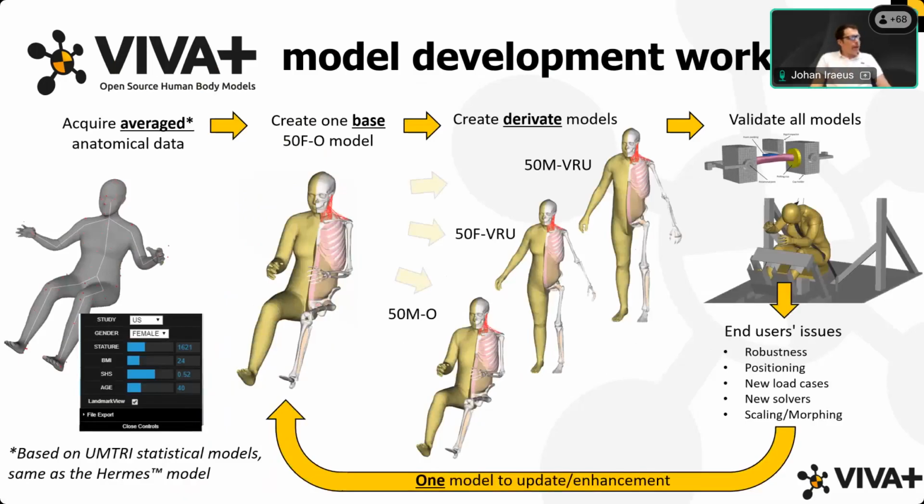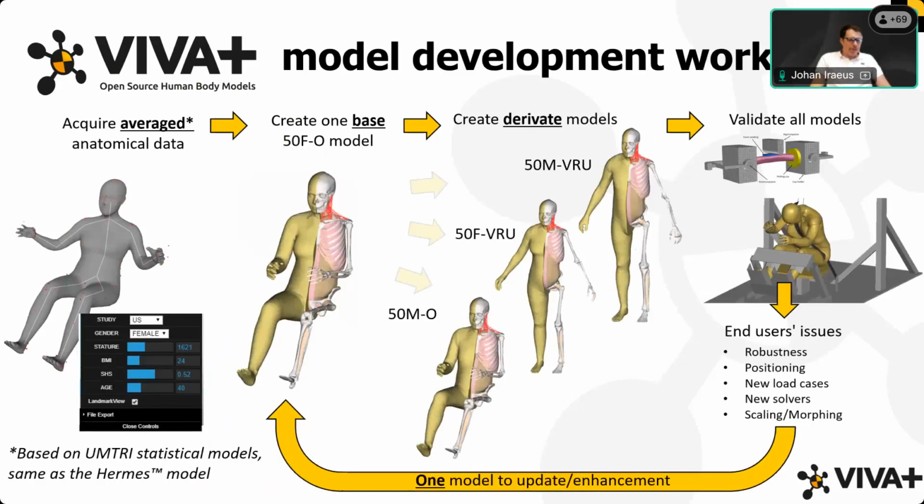This slide shows the workflow that we have been using. From the beginning, we started with average data. This is also a bit different to most of the other human body models. Most human body models are based on a scan from a single individual. That single individual is usually average in the sense that they have an average stature and average weight.